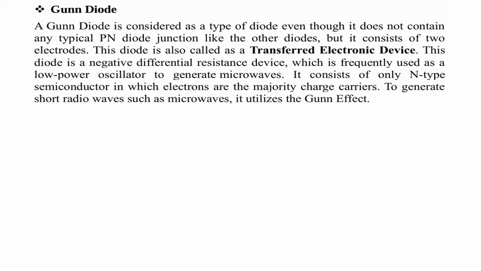There are some special diodes that are used for power diode cases only. The Gunn diode is considered a type of diode even though it does not contain a typical PN junction.